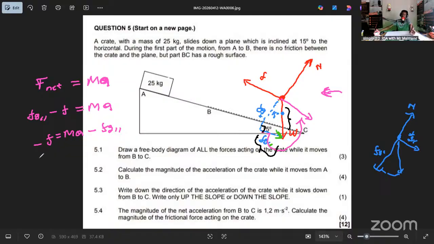And then if I divide by negative, because I want it to be positive, frictional force will be FG parallel minus MA. Before I substitute, FG parallel is MG sine 15 minus MA.